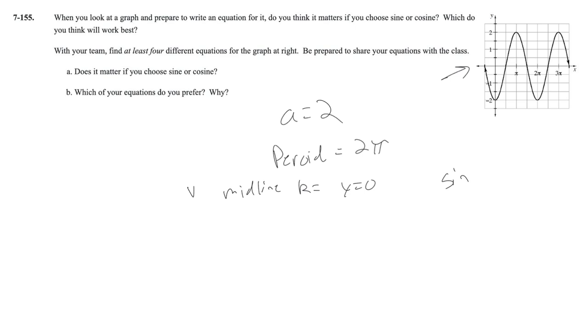If it's in terms of sine, then sine normally starts here. That means that this is shifted. If this is pi, then it's shifted by about a quarter of pi. It's got a horizontal shift of pi over 2, because this is my pi, and it's halfway to there.